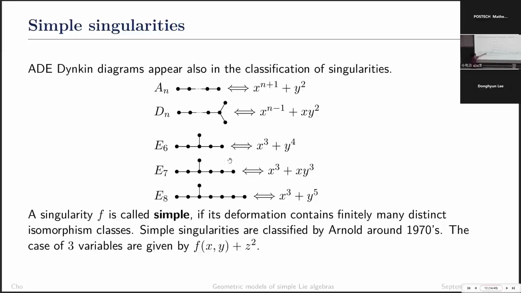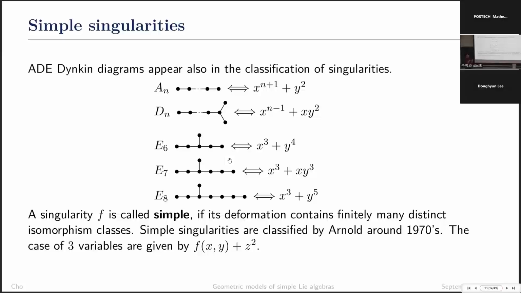This is a bit difficult to accept, but you can imagine that deformation means you add small terms, and then your singularity changes into different singularities, and it's called simple if these different singularities occur only finitely.